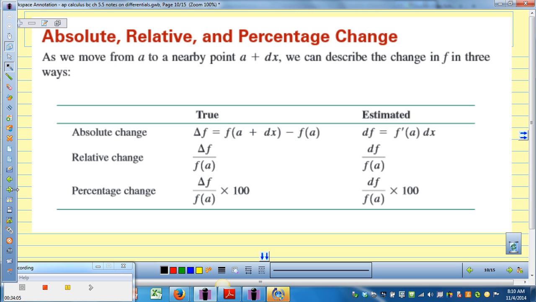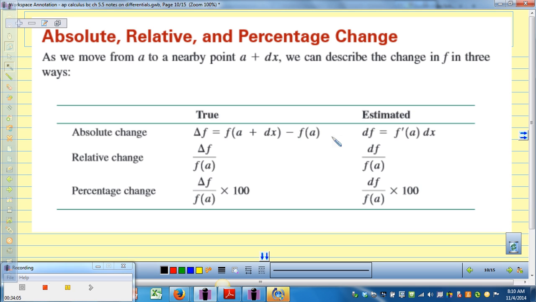So, I need to get to Newton's method. Just looking right here, there are different ways you can be asked to interpret change. And quite often you're asked to use the tangent line or use differentials to do these. The absolute change, which is our delta f, well, we just showed we can approximate that using differentials the way that we have been.